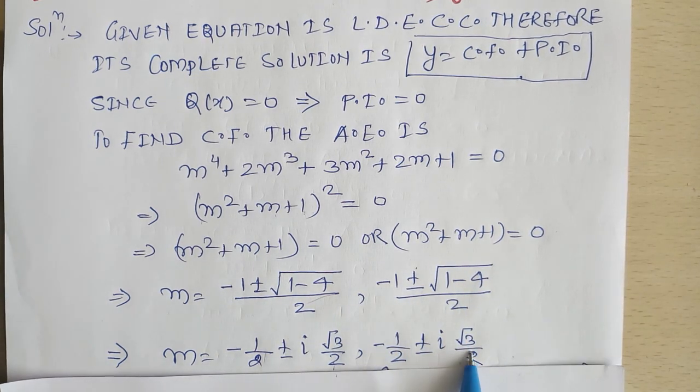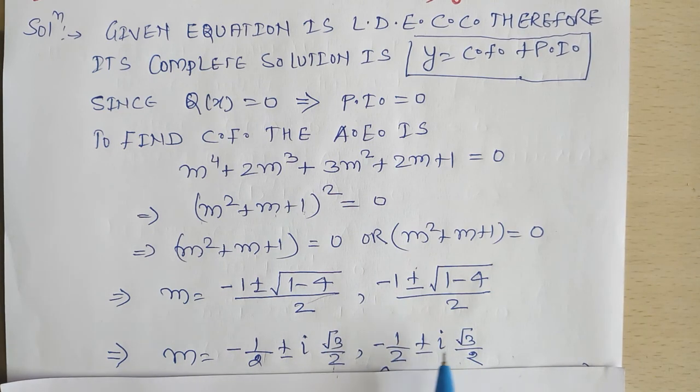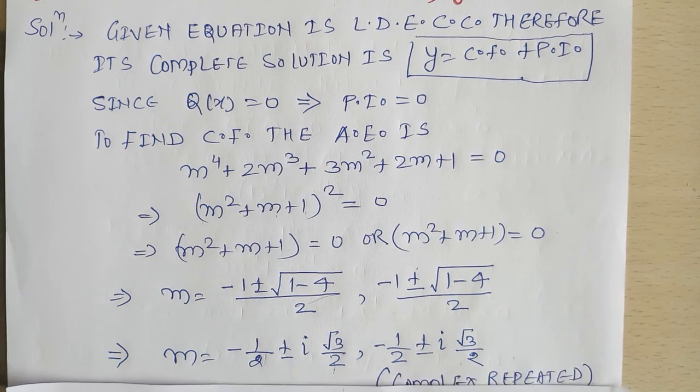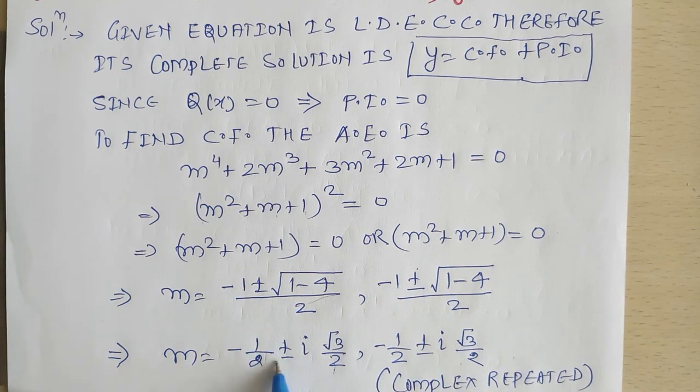So roots are complex, but alpha and beta for both are the same. So these are complex and repeated roots. For both roots, alpha is minus 1 by 2 and beta is root 3 by 2. So two roots are repeated in the pair of 2, 2.